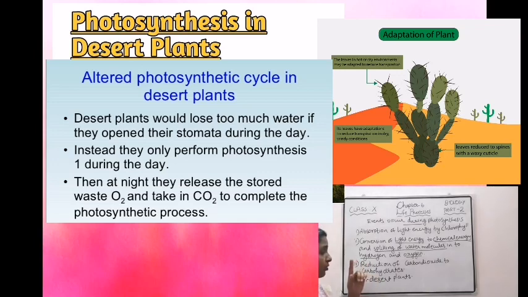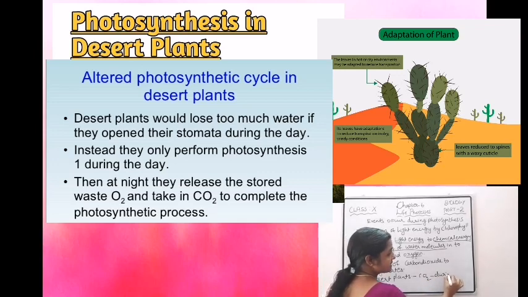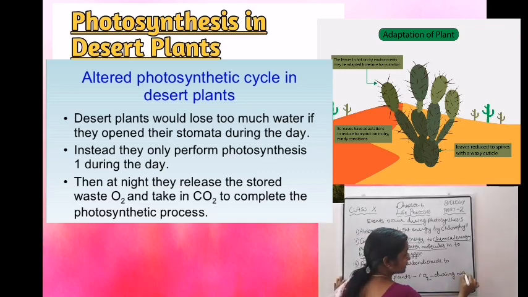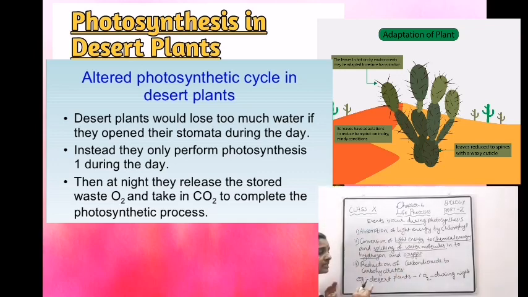You know that only if stomata open can they take in carbon dioxide. So in desert plants, they take up carbon dioxide during the night time, when the stomata are open. At that time they take this carbon dioxide and prepare an intermediate.